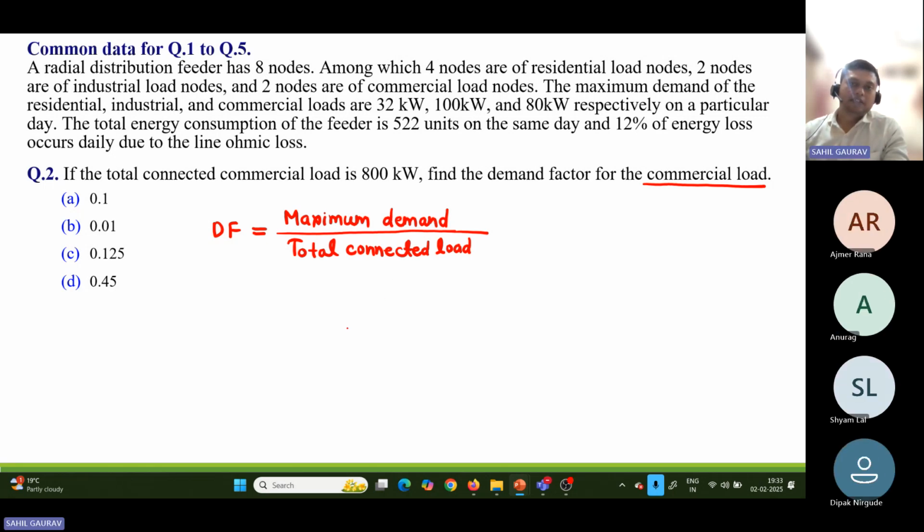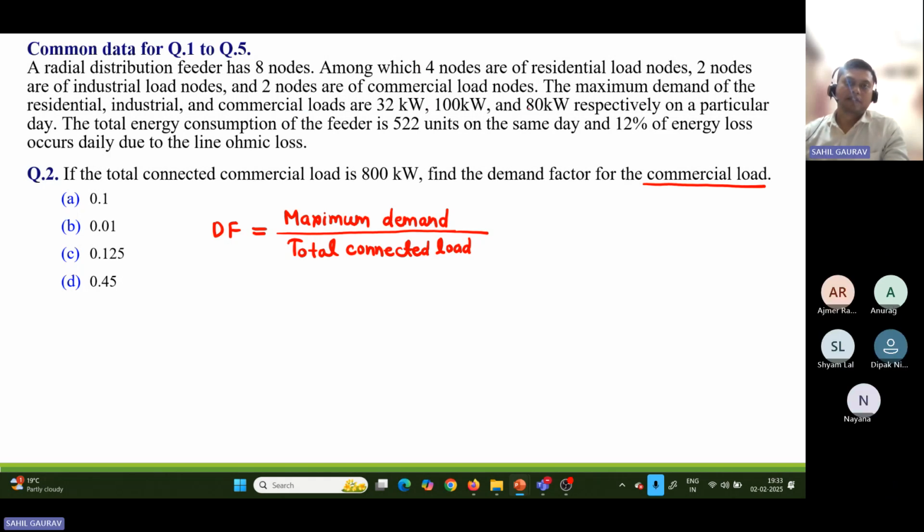So what is the maximum demand for the commercial load? The maximum demand for the commercial load is 80 kilowatt, and total connected load is given as 800 kilowatt. So it is so simple. It will come as 0.1. A is the correct answer.